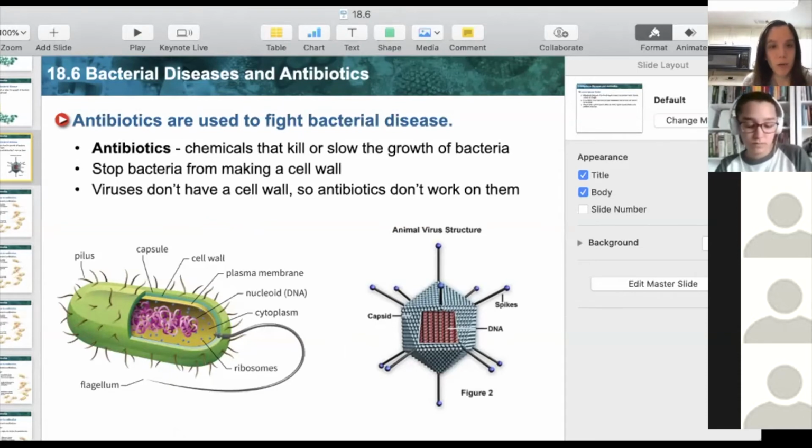They can't really give you much medicine because there's no good treatment to kill a cold virus or a flu virus. Tamiflu sometimes can be used to kill a flu virus, but for the most part, we don't have good antiviral medication. Usually your body is the best defense against viruses. Bacteria, though, is a different story. For bacteria, we do have medication, antibiotics that can come in and kill the bacteria.